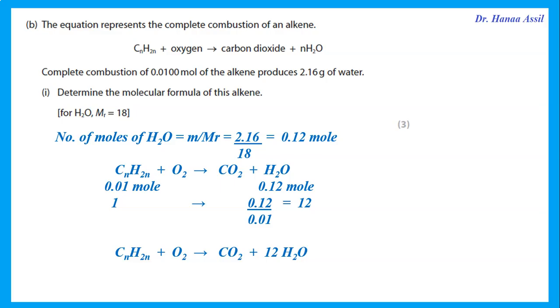So, what is the formula of the alkene? Now, hydrogen after the arrow is 2 times 12, so hydrogen before the arrow should also be 2 times 12. That's 24. And we know that this is an alkene, so the number of carbons is half the number of hydrogens, and that means the formula is C12H24.